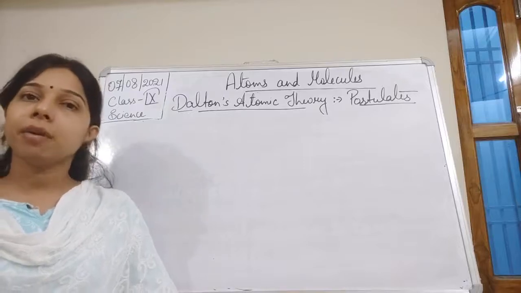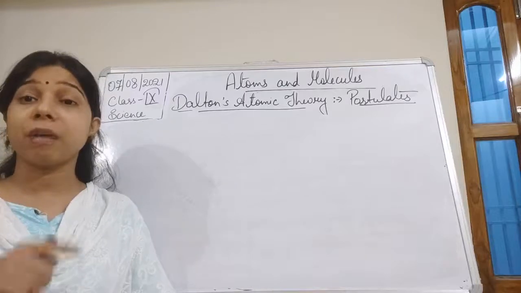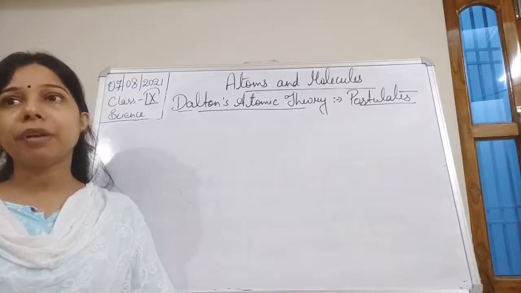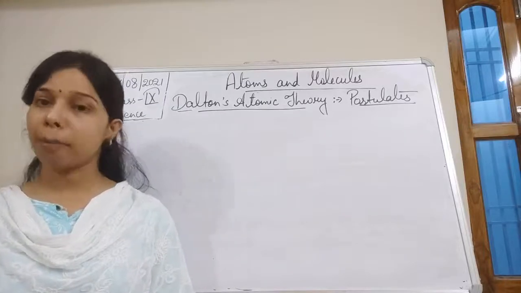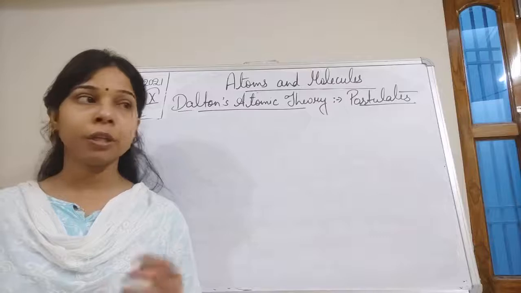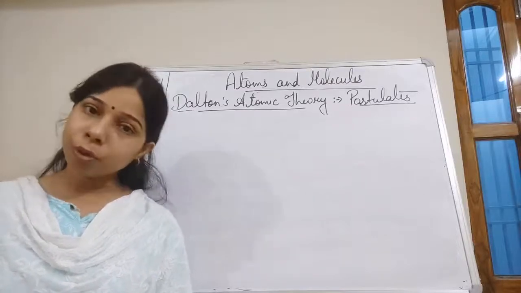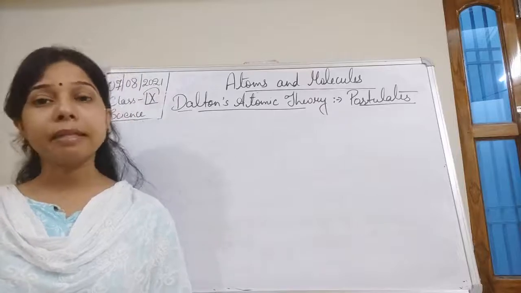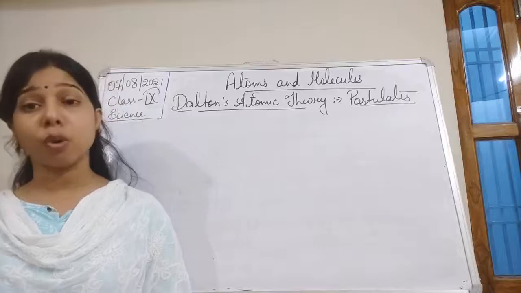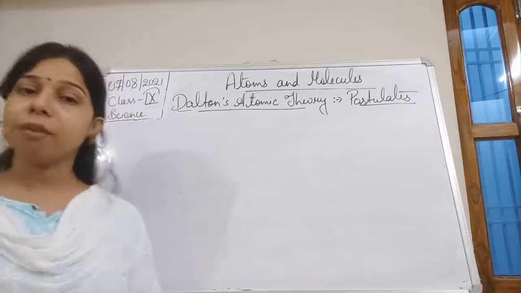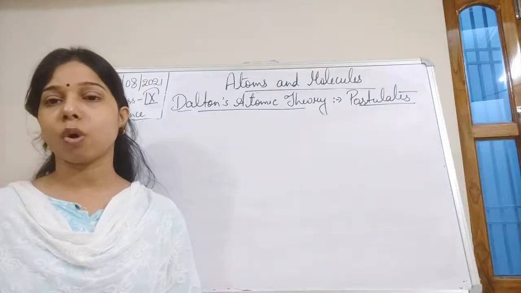So the same calcium, consisting of the same calcium atoms, has different masses and also different properties. Uranium 235 and uranium 238 are also isotopes. The atoms are the same, but the atomic mass differs, and if the atomic mass differs, obviously a lot of properties also vary. So this is the drawback of Dalton's atomic theory.